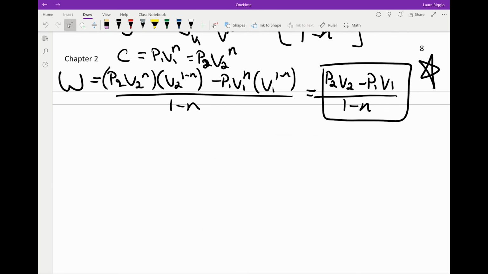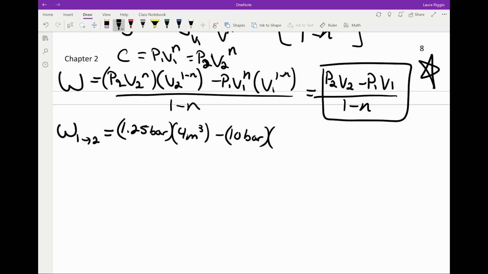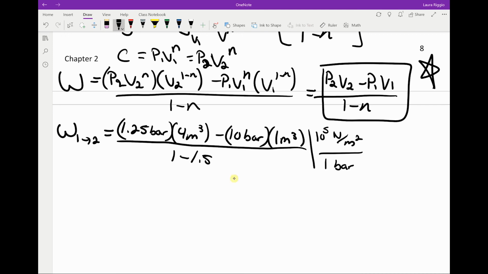So for our process, our work from 1 to 2 is equal to 1.25 bar times 4 meters cubed minus 10 bar times 1 meters cubed divided by 1 minus 1.5 times 10 to the 5 Newton per meter squared per 1 bar, and 1 kilojoule is 10 to the 3 Newton meters.